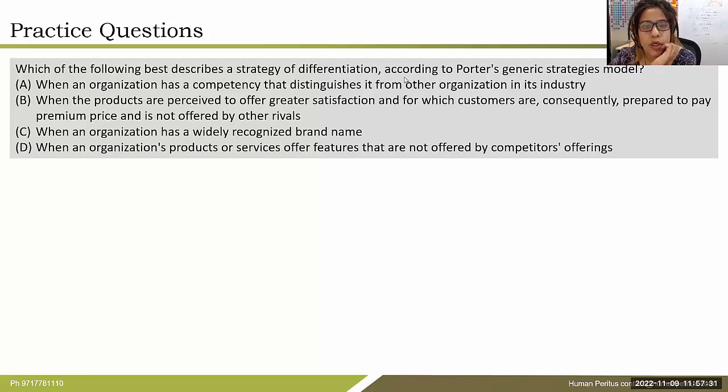Rashmi, you are absolutely correct. The answer is B. The answer is B.